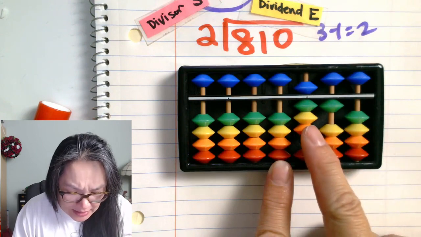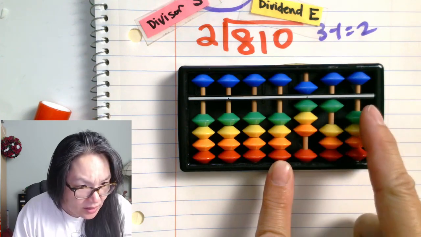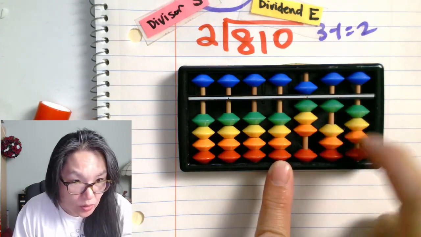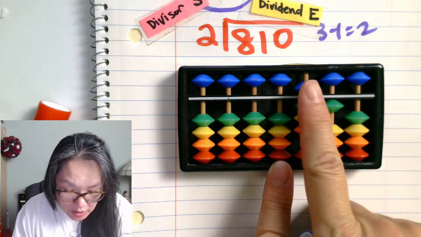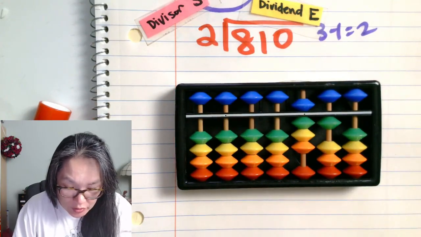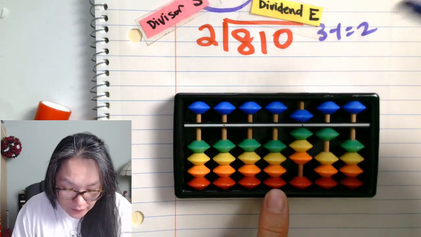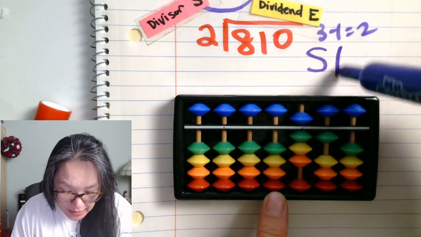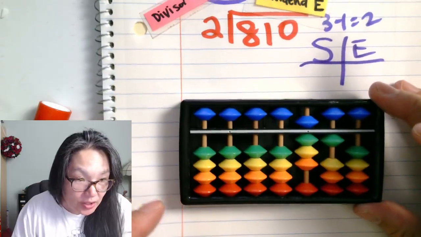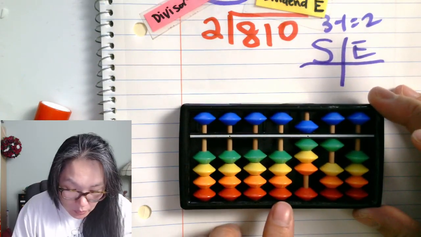It's 8.10. That's not what we're talking about. This is just a placeholder. Does that make sense? So using this as a placeholder, now we can compare. The first thing we need to do is compare our divisor and our dividends, because we need to understand what we're going to do.